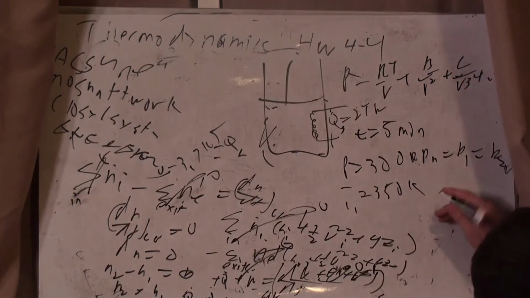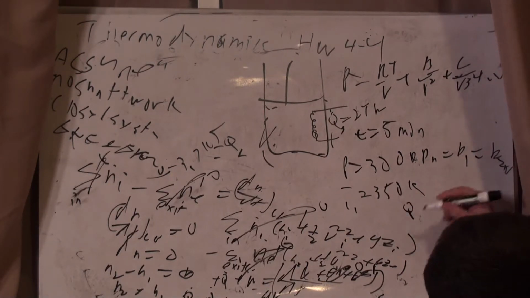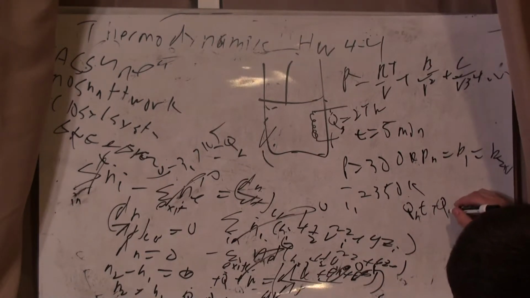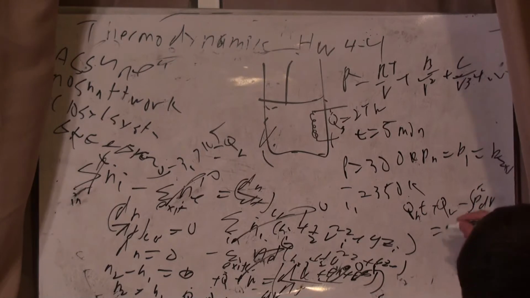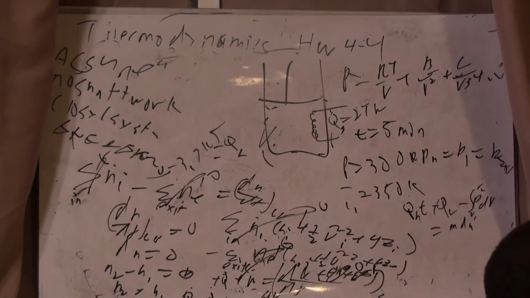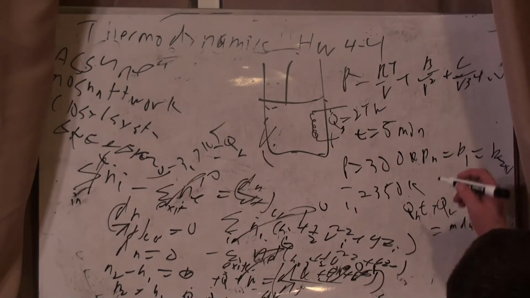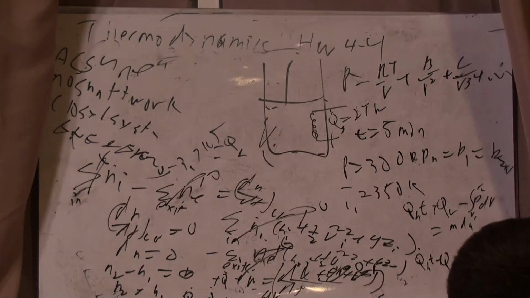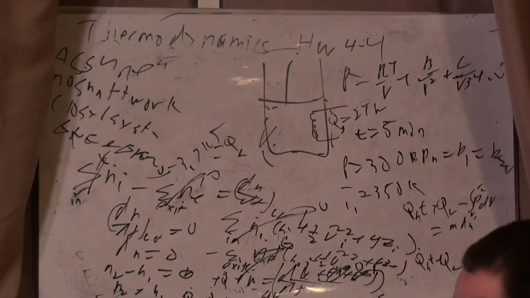Cleaning that up a little bit, I've got my total Q: QH times time plus QL total, minus the integral of P dV from V1 to V2, equals the change in U. Again, this is constant pressure, so I've got Q dot H times time plus QL minus P times V2 minus V1, and those are totals.